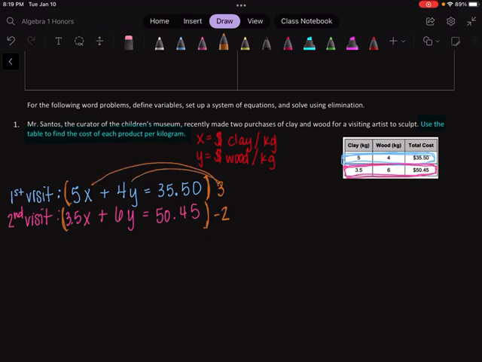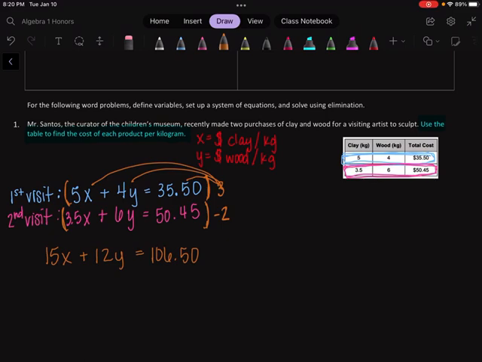So let's go ahead and make some distributions. Oh, let me do that one first. So we have 3 times 5x, which is 15x. 3 times 4y, which is positive 12y. And then 35.50 times 3, which is 106.50. Or 106.5, whichever you want to do.